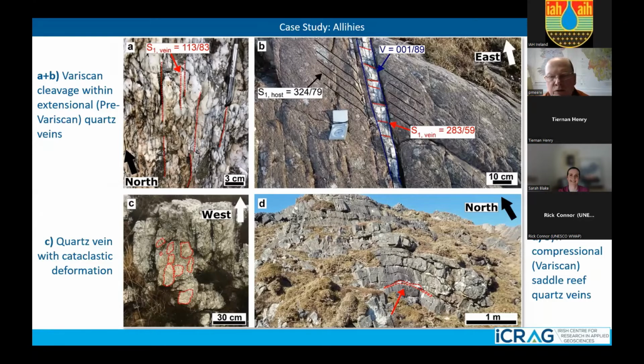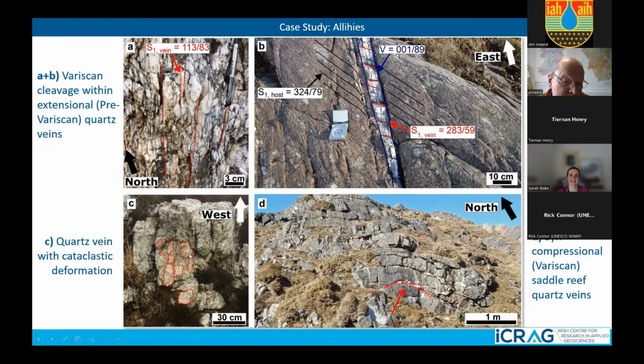The top two images there, the one on the left-hand side, is showing quite a large quartz vein that has been overprinted by a very penetrative, and that takes some doing, tectonic Variscan cleavage. You can see the same here on the right-hand side. You see lovely refraction of cleavage, exactly what you'd expect to see in terms of competency contrast.